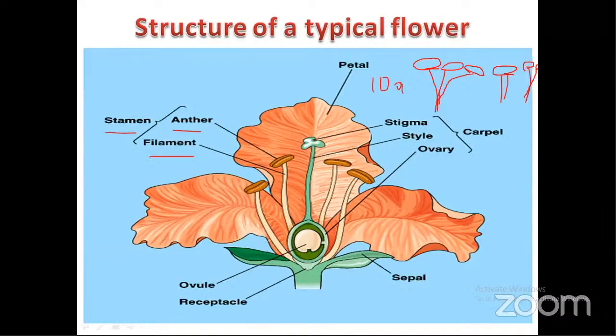Then, if more than two groups are there, that condition is called polyadelphous. You can find the polyadelphous condition in castor.